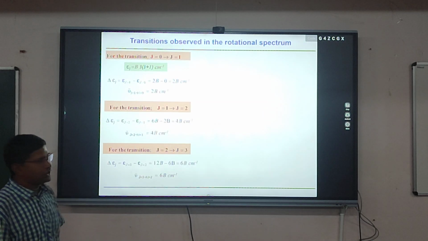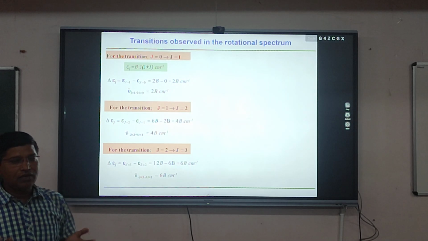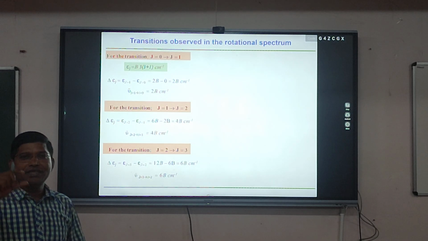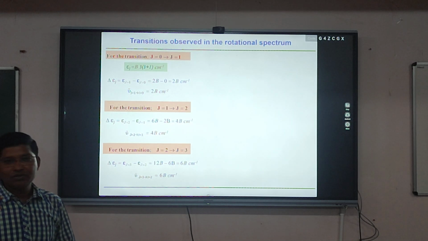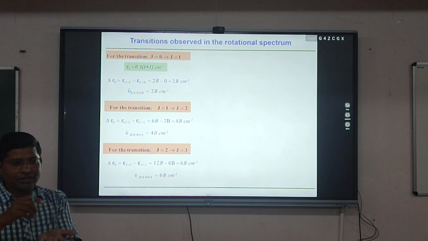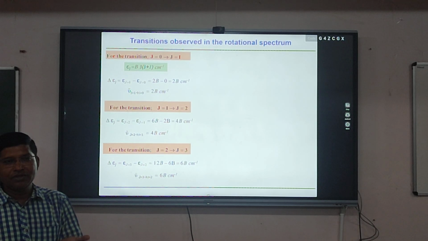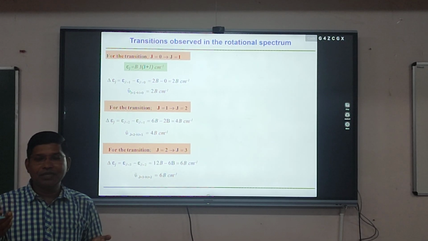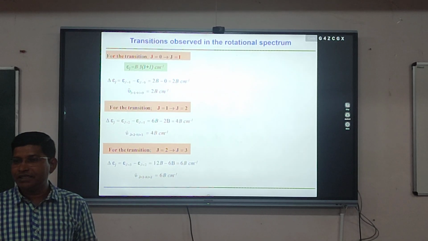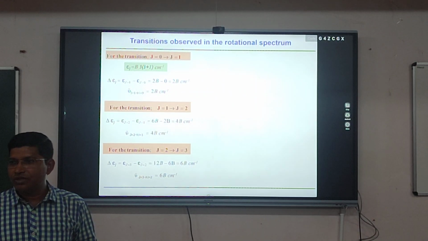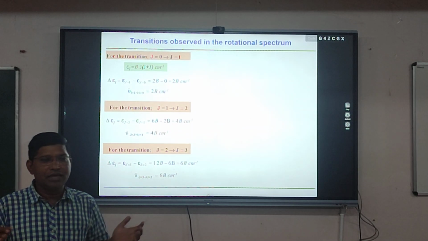Then what will be the change? Here we will find the change in the energy between two different levels. Generally, we know the molecule is in the ground state. When the molecule is in J equal to 0, the value coming is E J equal to 0, so that means the molecule is not rotating.